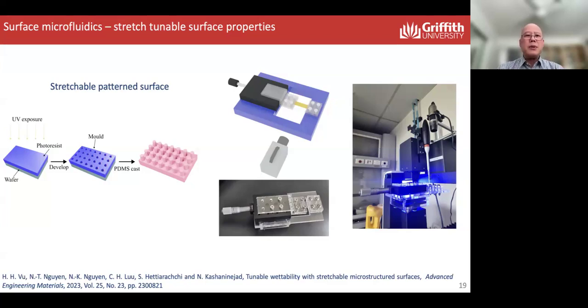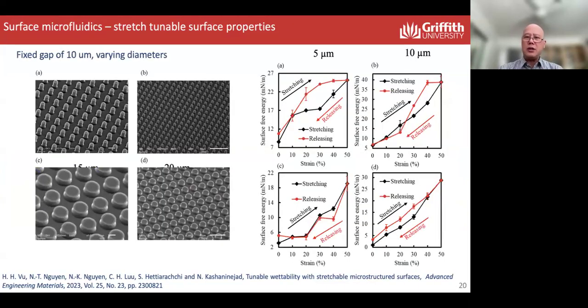So a very simple example here is we make an array of pillars on a flexible substrate, PDMS, and then stretch them. Stretching actually changes the topology of the gap between the pillars. And of course, as expected, the change in morphology leads to a change in surface energy or contact angles.